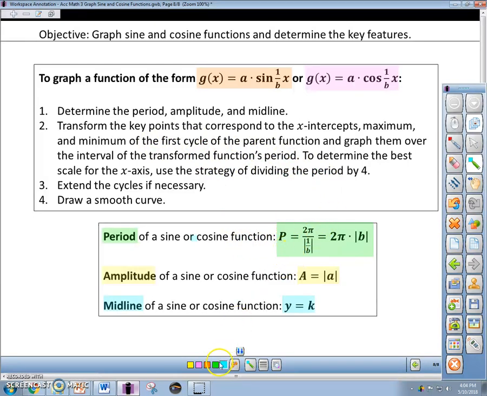And one thing that I want to point out that is often helpful with these problems is that to figure out your scale for your x-axis or your theta axis, a strategy that can be used is dividing the period that you calculate by 4. And then after you graph the first cycle, you'll extend to the rest of the interval that you're graphing over, and you'll be able to just draw your smooth curve, which is your wave.